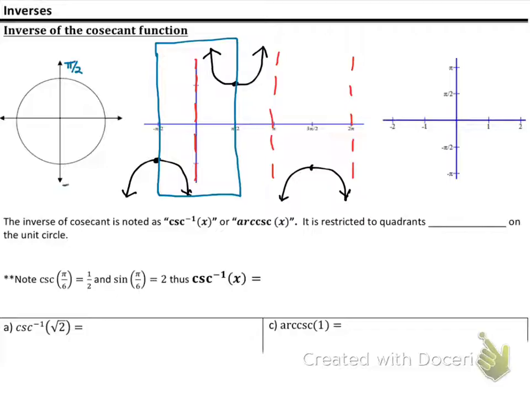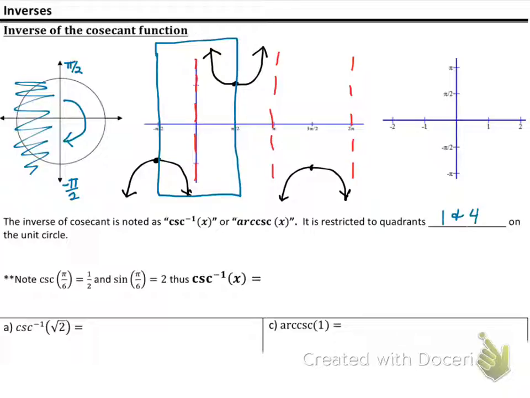Negative pi over 2 is way at the bottom. So it's telling me I can use all of this, but I can't use any of that, just like the sine function, or the sine inverse. So our sine inverse and our cosecant inverse both share the same domain. It's the right half of our unit circle. In other words, we can use quadrant 1 and quadrant 4.